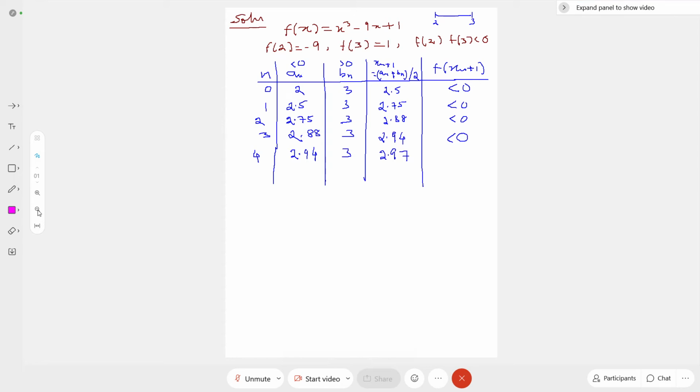And what about the function? Is it positive or is it negative? Yes, positive, correct. So after all these steps we got a positive value here. Can you tell me now, in the fifth iteration, what will be the value of an and bn?